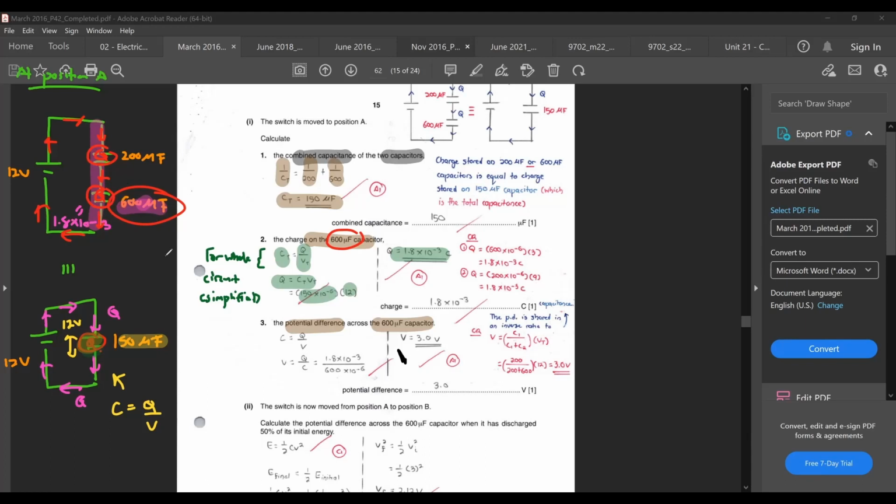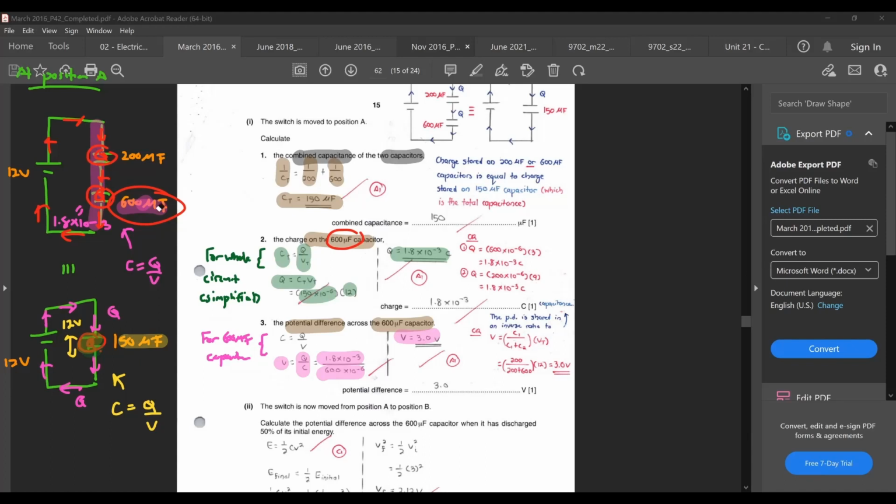So you again would want to use C equals Q over V applied to this capacitor itself to find out what your V is. So V is Q over C. The Q is 1.8 times 10 to the power minus 3. The capacitance is 600 microfarad. You do your workings accordingly. You will get the voltage as 3 volts.